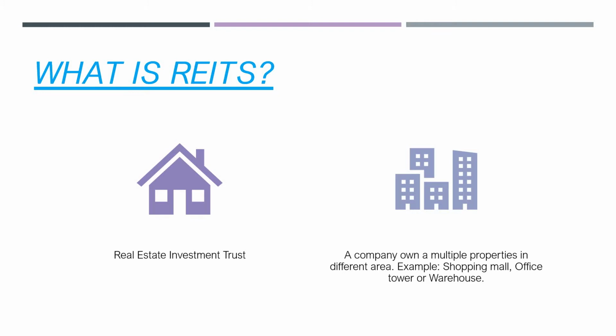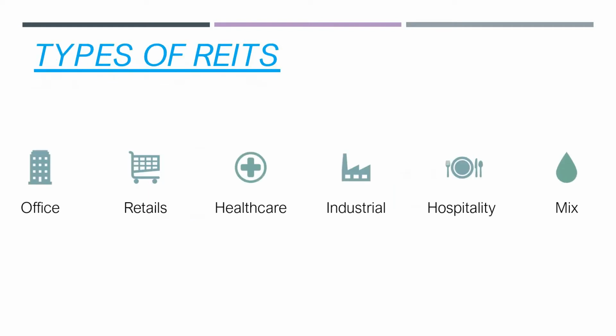So what is a REIT? A REIT is a company that owns multiple properties in different areas. For example, a lot of shopping malls, office towers and warehouses are owned by a certain company, and this company is listed, so you can buy their shares and they will give you dividends. Basically, REITs distribute about 90 to 95% of the income from the tenants to the shareholders.